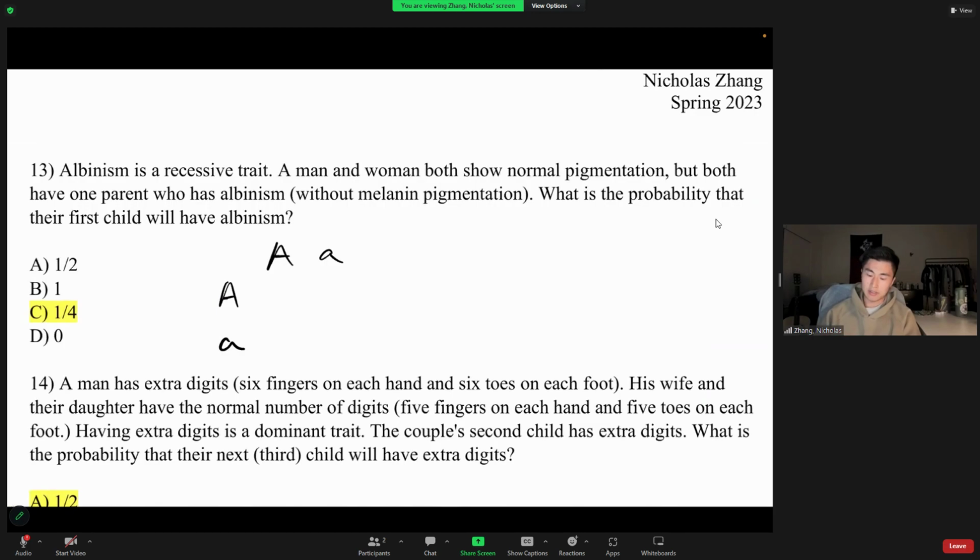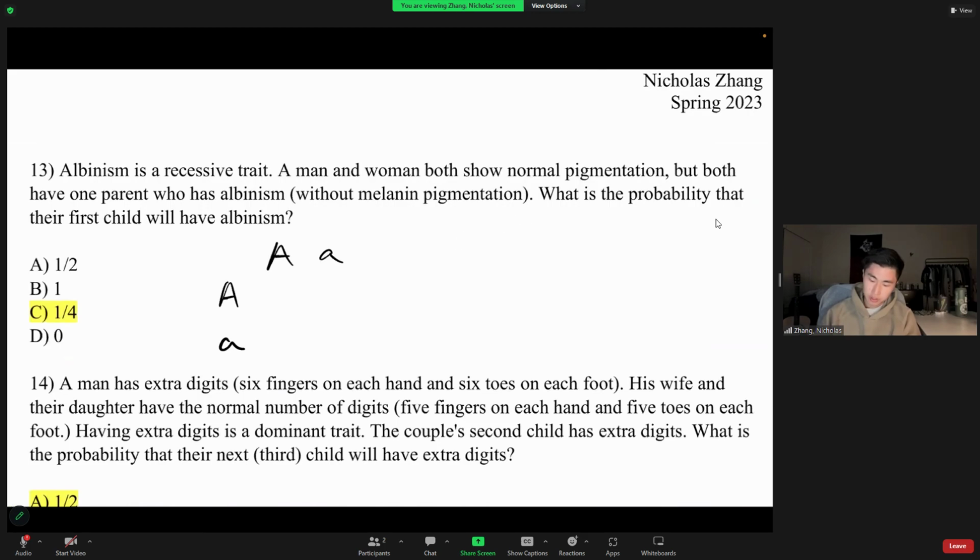Because the parent is homozygous recessive, and no matter what the other parent was, meaning that the other parent had common pigmentation, they either had to be heterozygous or homozygous dominant, and both of those produce only heterozygotes, or another homozygous recessive.